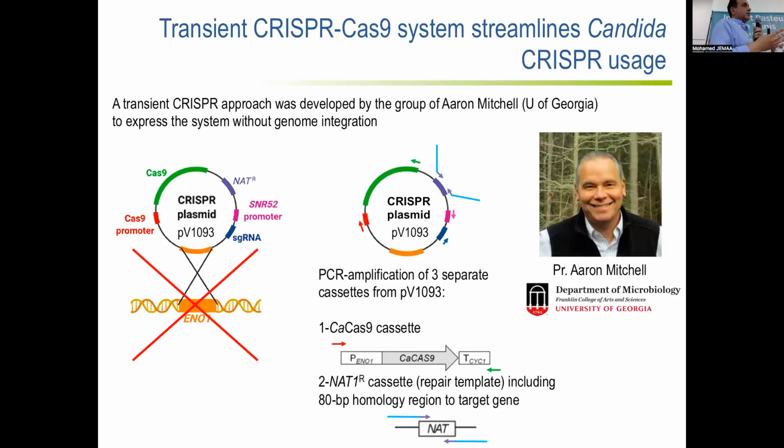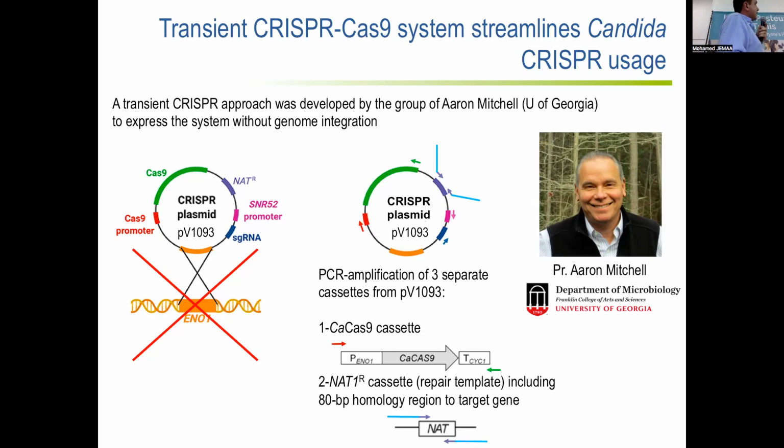So Aaron Mitchell from the University of Georgia has created the transient CRISPR-Cas9 system to streamline CRISPR usage in Candida. It was developed in order to express the system without genome integration. So in other words, you basically use the plasmid as a template to amplify cassettes. Three different cassettes are PCR amplified.